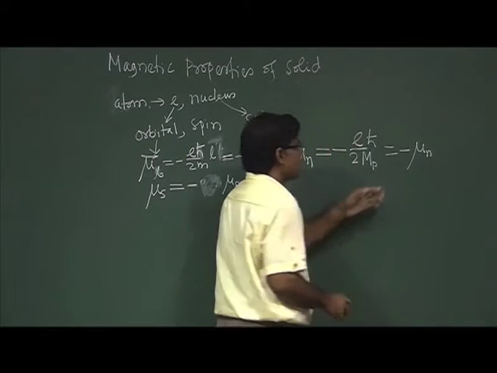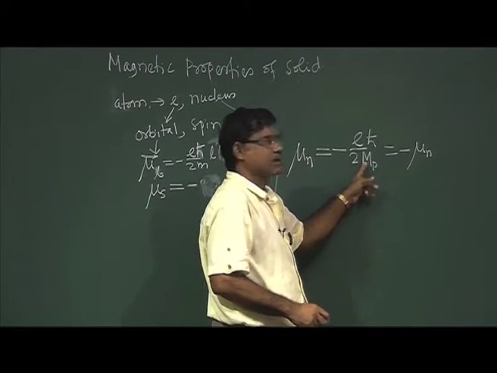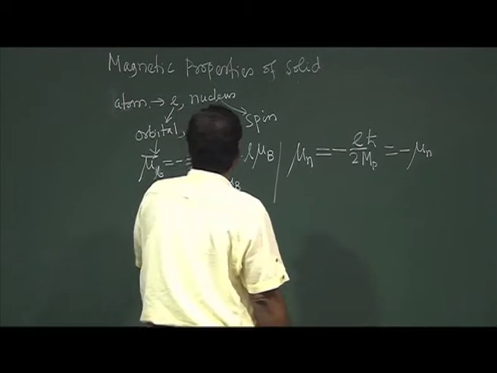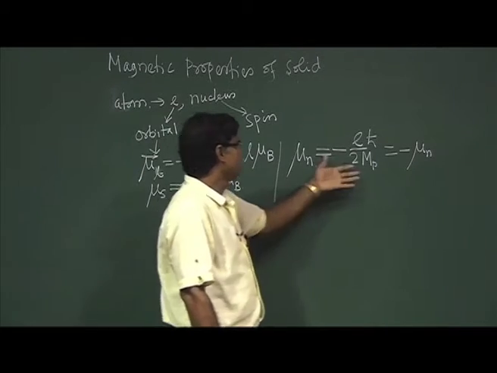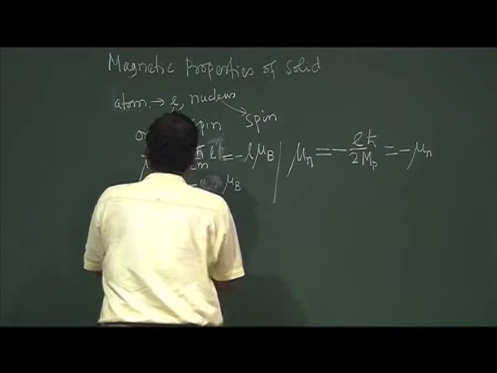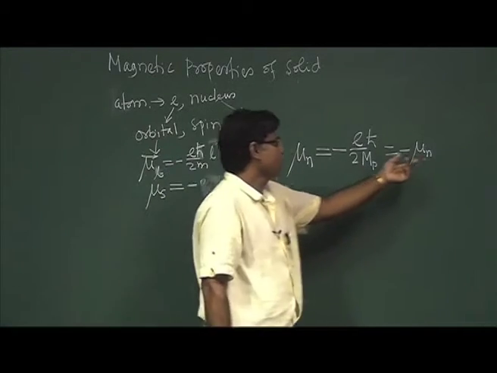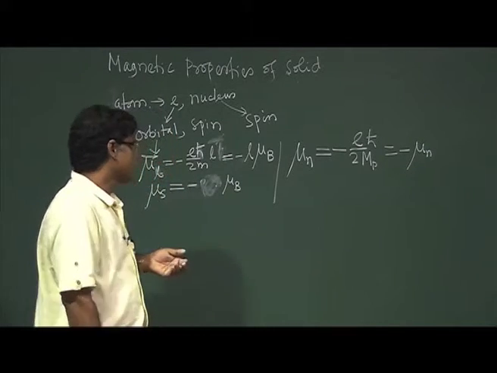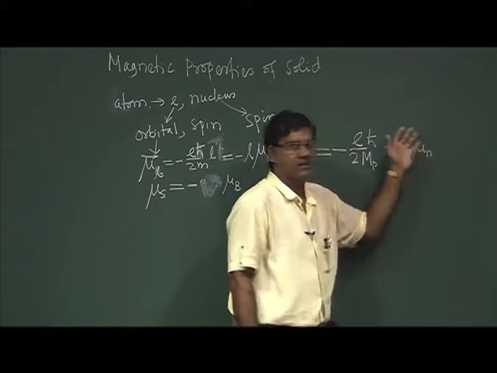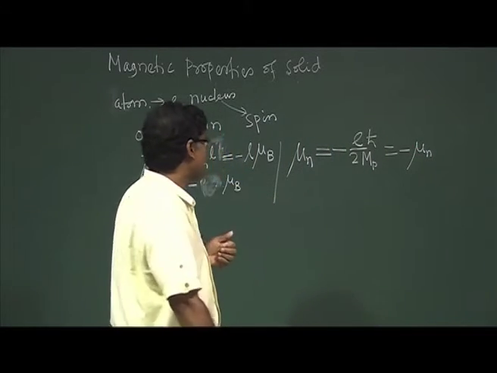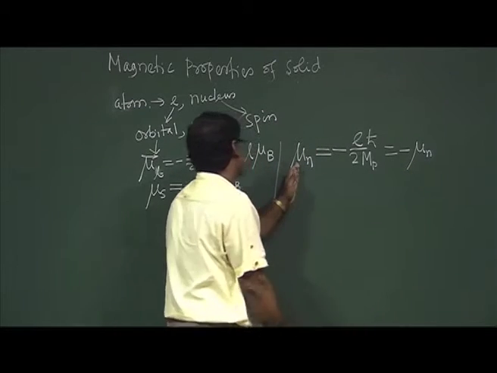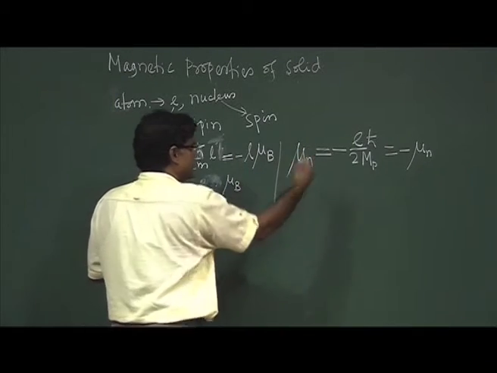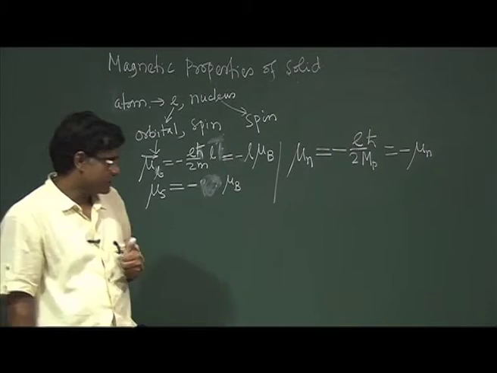This proton mass is heavier than the electron mass, and one can see that mu B is almost 10 to the power 3 times mu n. So these are very small in magnitude, and thus we neglect them when we consider mu s and mu l, since compared to those values they are negligible.